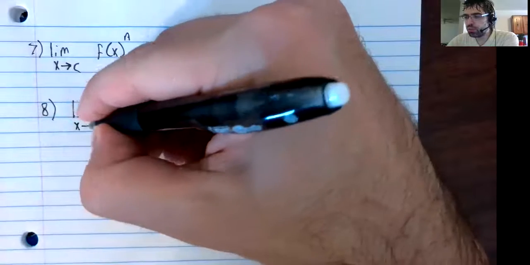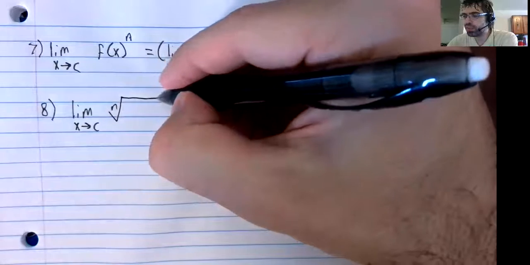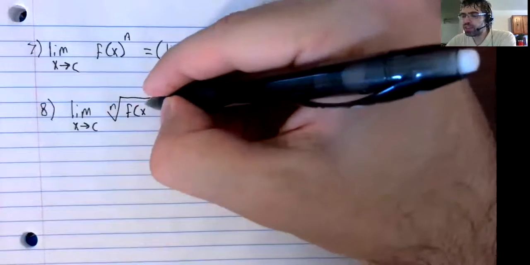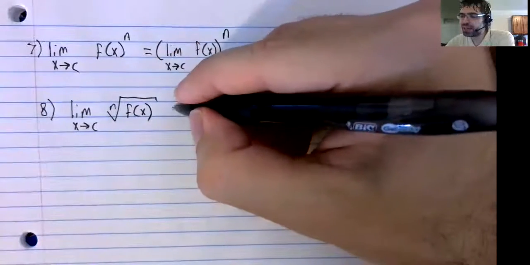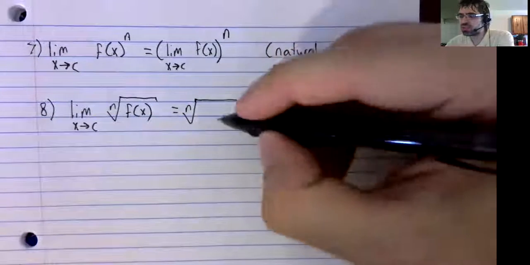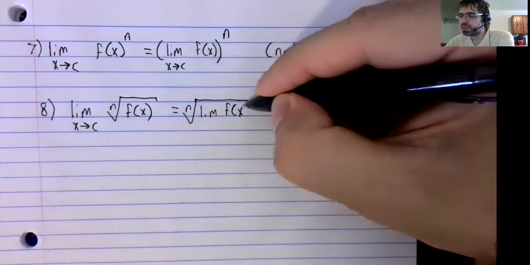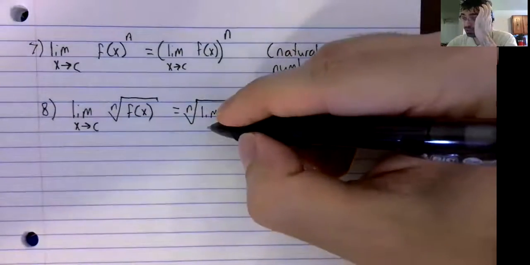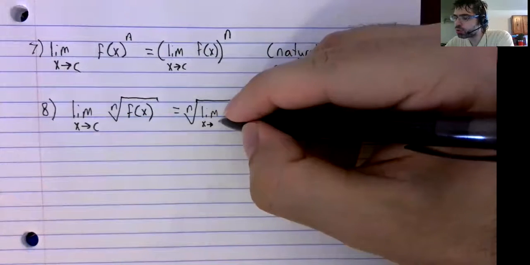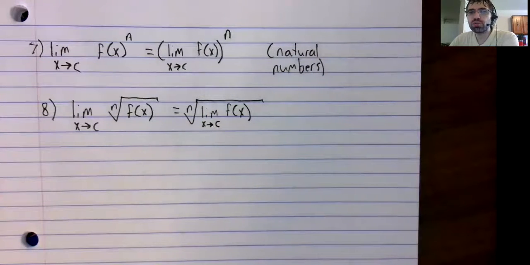The eighth rule is really just the seventh rule, except instead of an n, we have a 1 divided by n as our power. We can take limits inside square roots, or any root, cube root, fourth root, whatever.